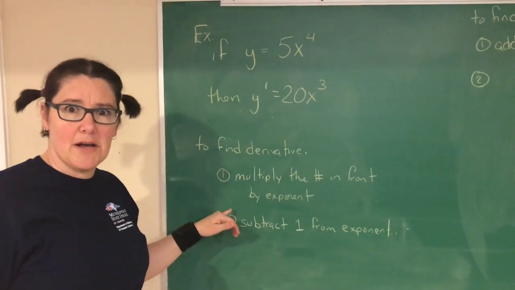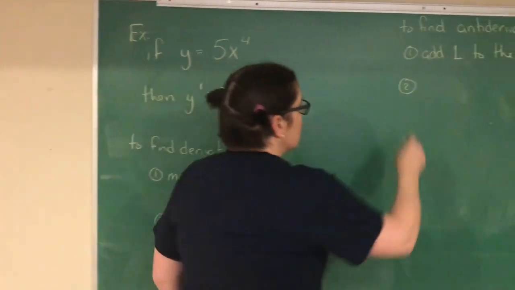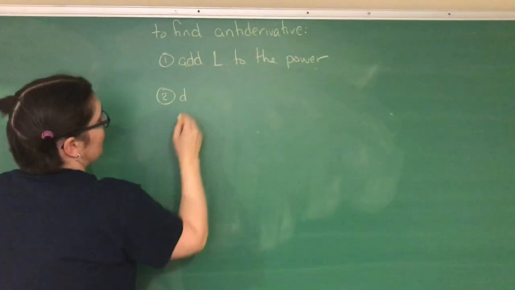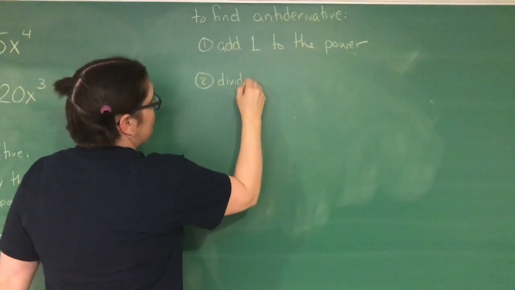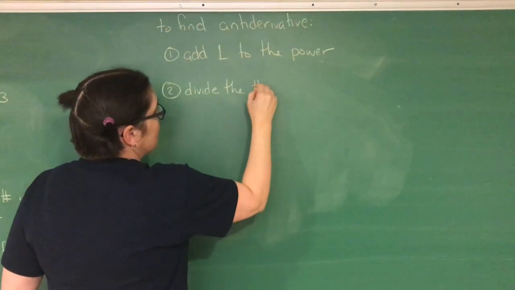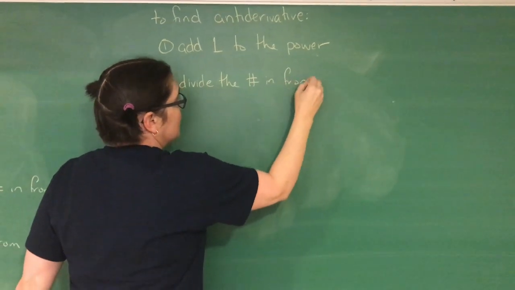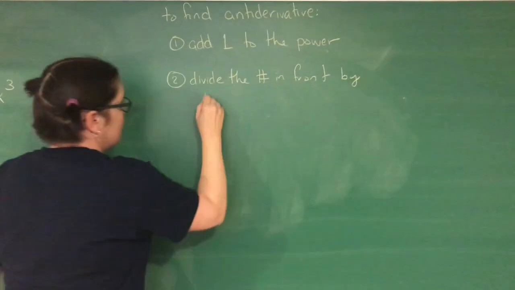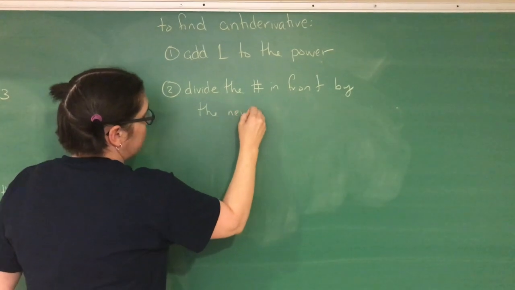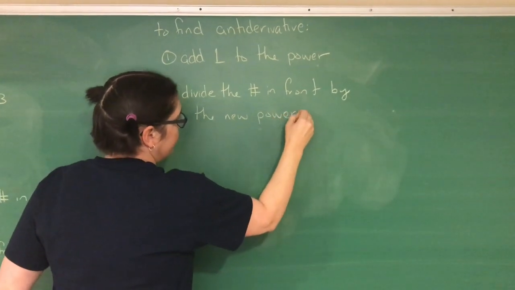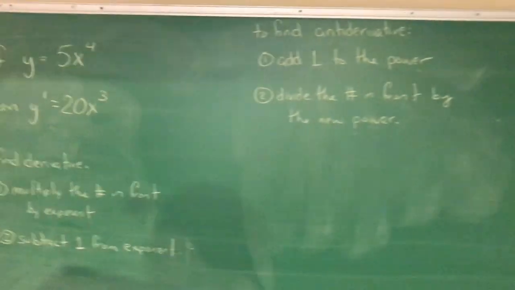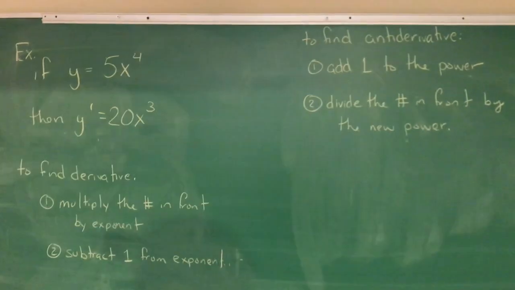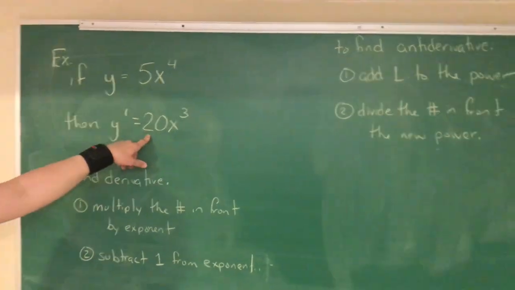The opposite of multiply is divide. So our step 2 of finding an antiderivative is to divide the number in front by that new power. Okay. All right, so let's think about that in terms of this particular example.